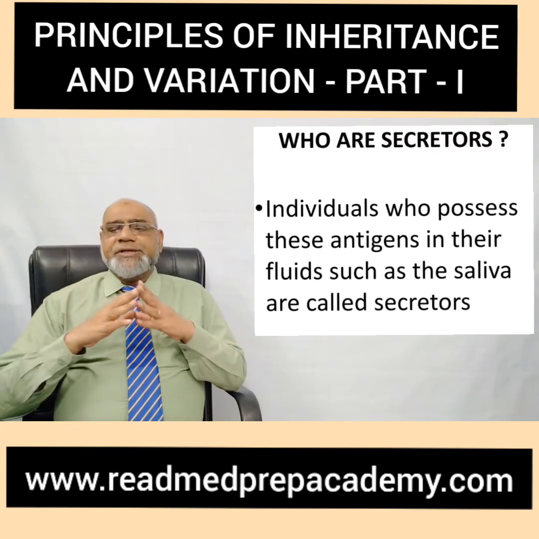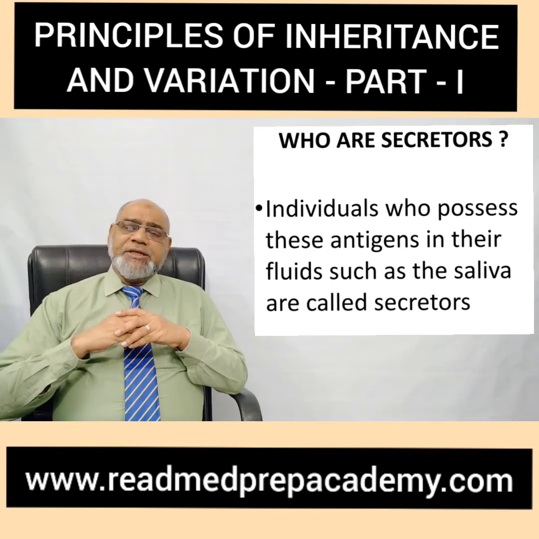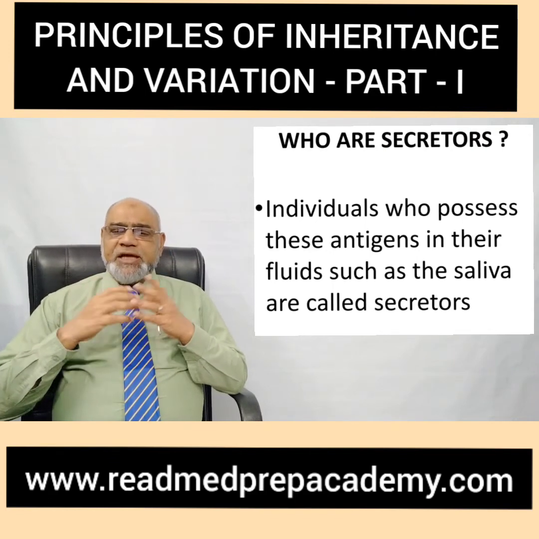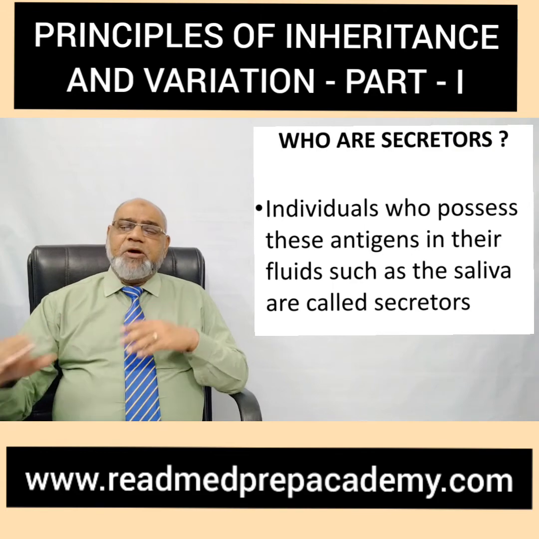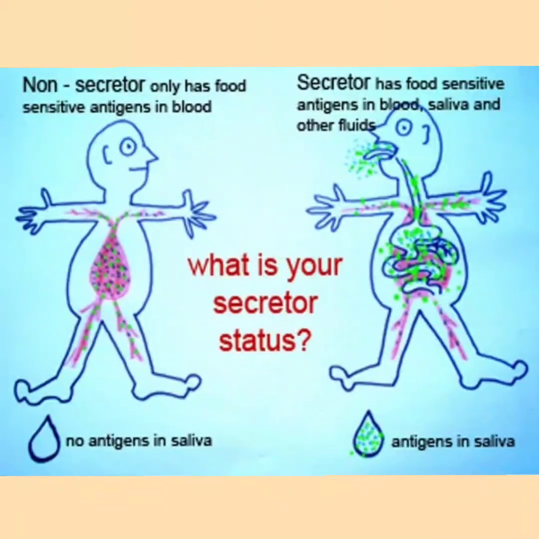Who are secretors? Individuals who possess these antigens in their fluids, such as the saliva and other body fluids, are called secretors. Non-secretors only have antigens in the blood, so they have no antigens in the saliva, whereas secretors have antigens in the blood, saliva and other body fluids.